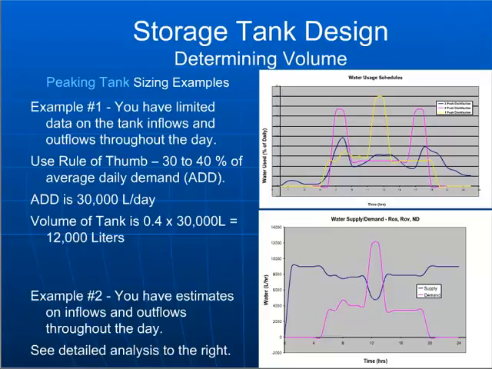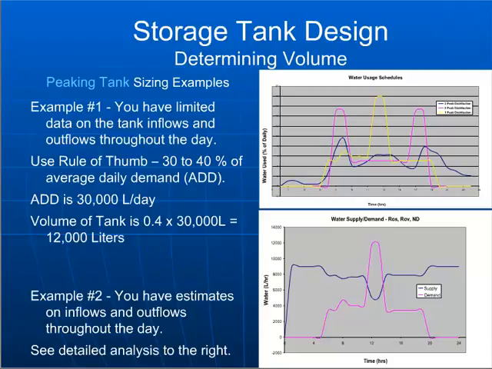So how do you size a peaking tank? This is a question that is actually very difficult to answer if you don't know a lot about how your community uses water. Is the community set up in such a way that they're going to have a single peak demand?